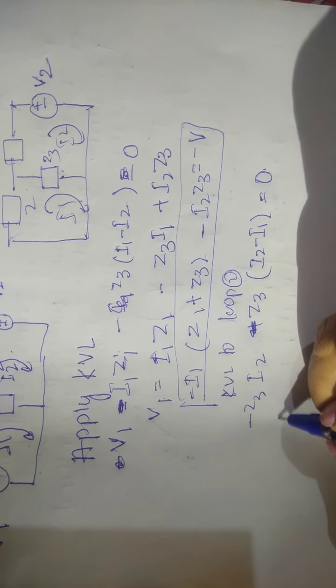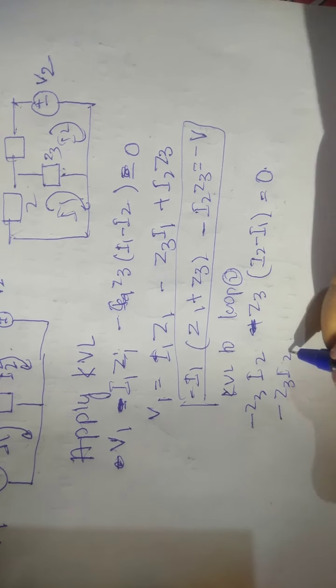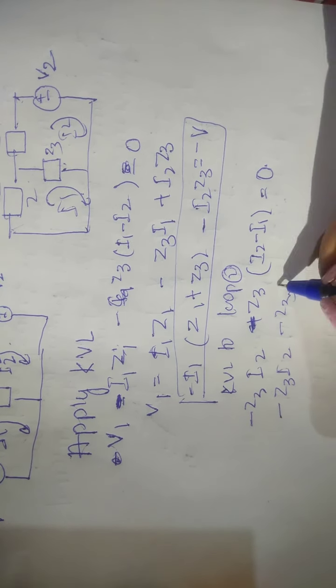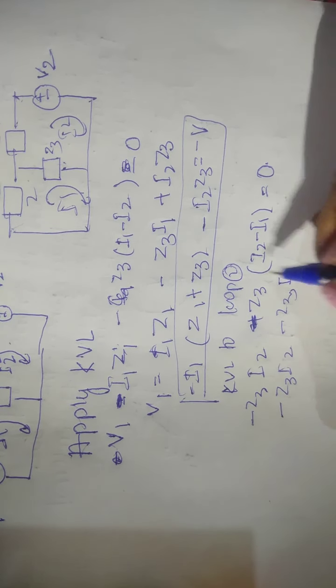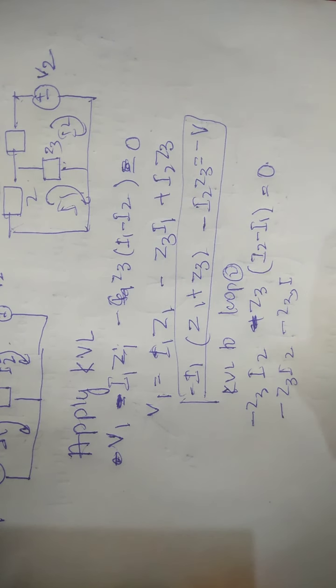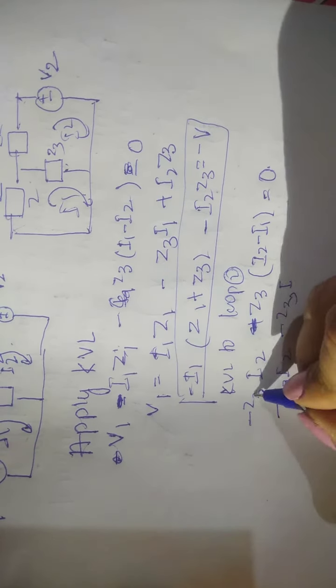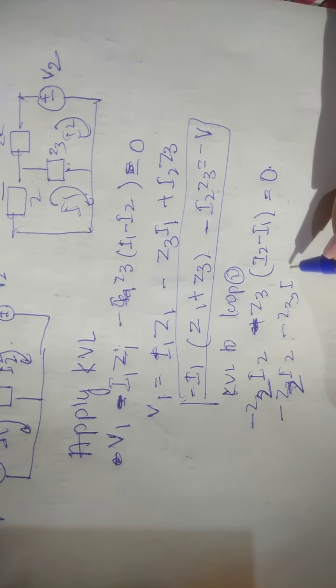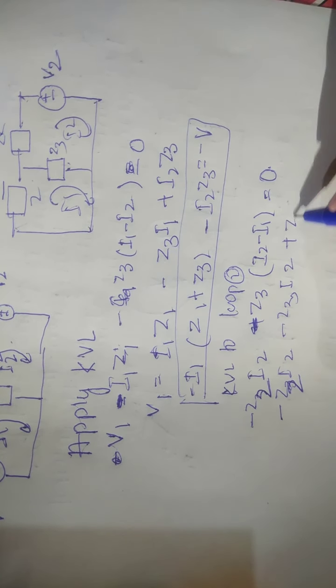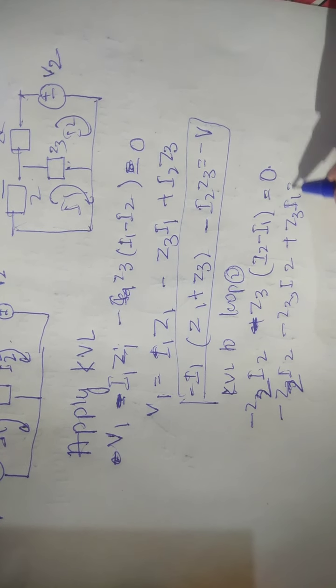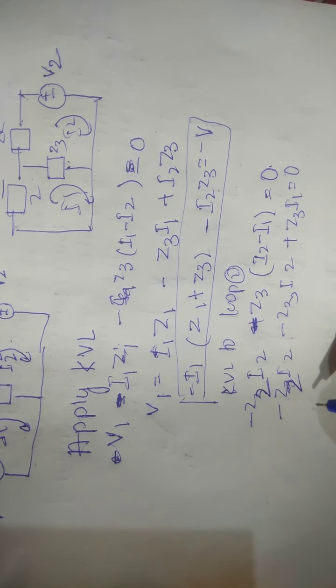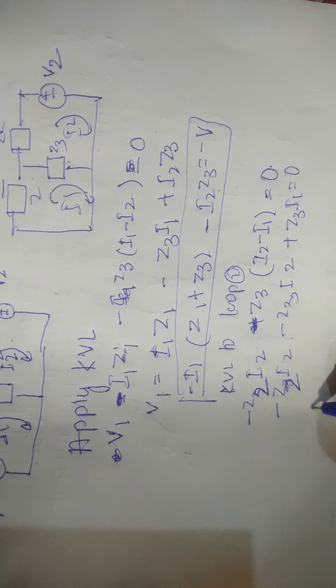Right? Minus Z2 I2 minus Z3 I2 plus Z3 I1 equals 0. Correct.